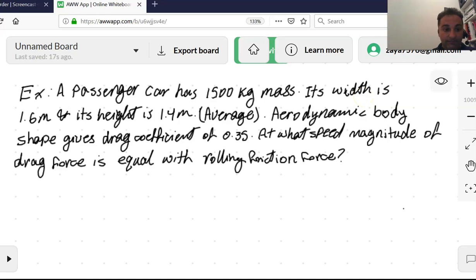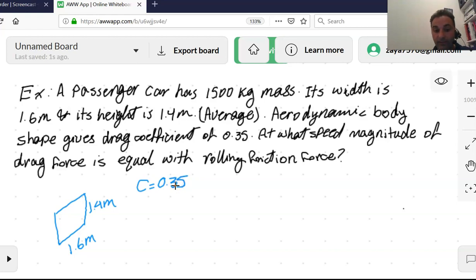So let's say this is the surface area that it contacts with the air. As it says, let's say the width is 1.6 meters and its height is 1.4 meters, for example, the average size. The aerodynamic body shape gives a drag coefficient, so C becomes equal to 0.35. As I said, it's like the friction coefficient.